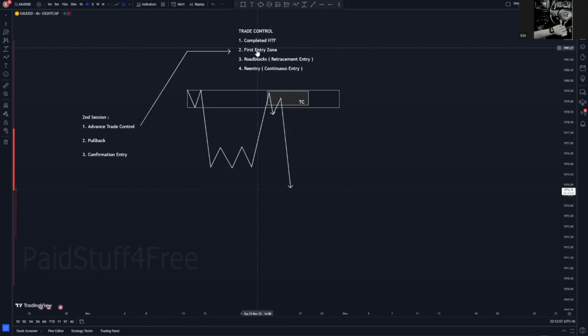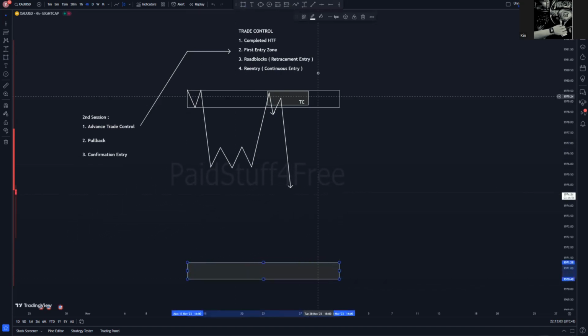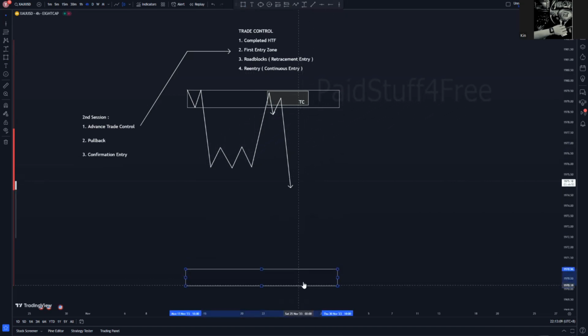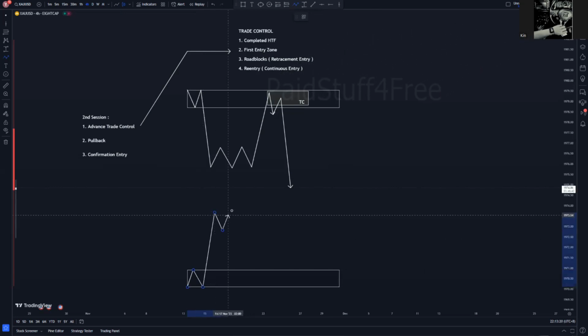The second one is the first entry zone and how it works. We need to understand how it works. The first thing, we have an engulfing buy on H4. And then the price makes the pullback and gets into the zone.